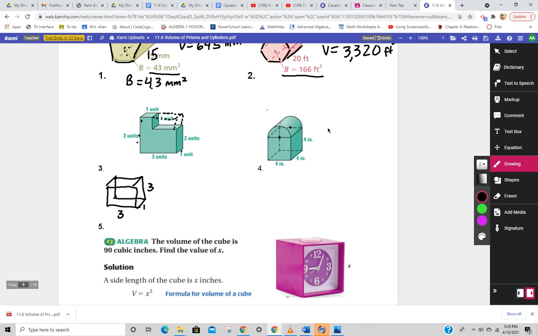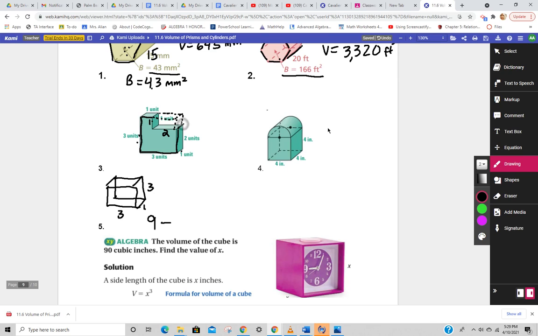So the whole thing is 3 times 1 is 3, times 3 is 9. So it's 9 minus this part that's cut out. We need the dimensions of this part that's cut out. Well, this whole distance is 3. This distance is 1, so that means this distance is 2. This whole distance is 3, this whole distance is 2, that means 1 has been cut out.